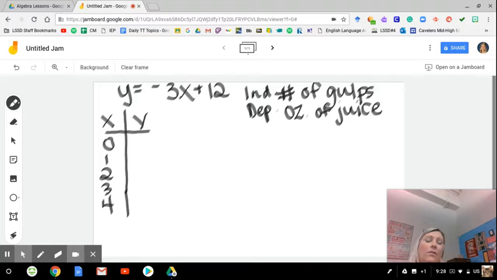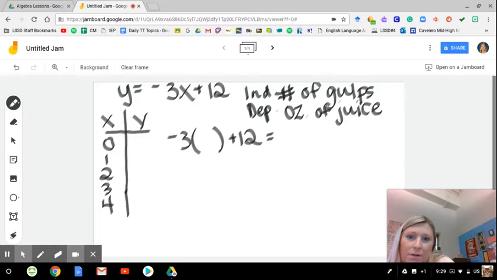Now we need to figure out our range, or our outputs. And the way we do that is we put our inputs into our function. So I'm going to write this out like negative 3 plus 12. I'm going to do that 5 times.